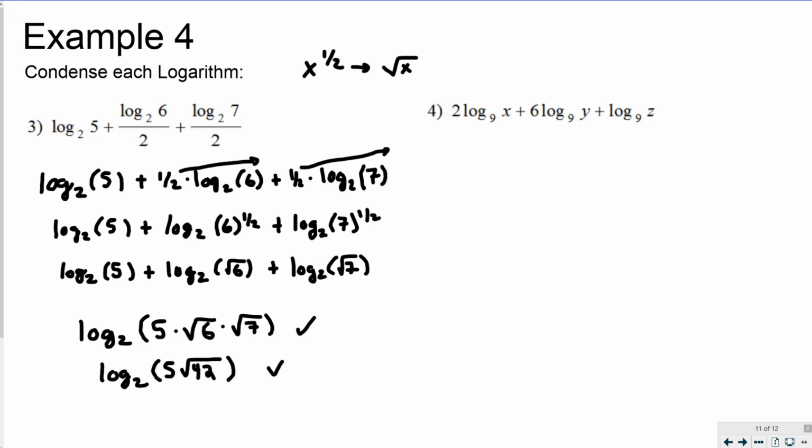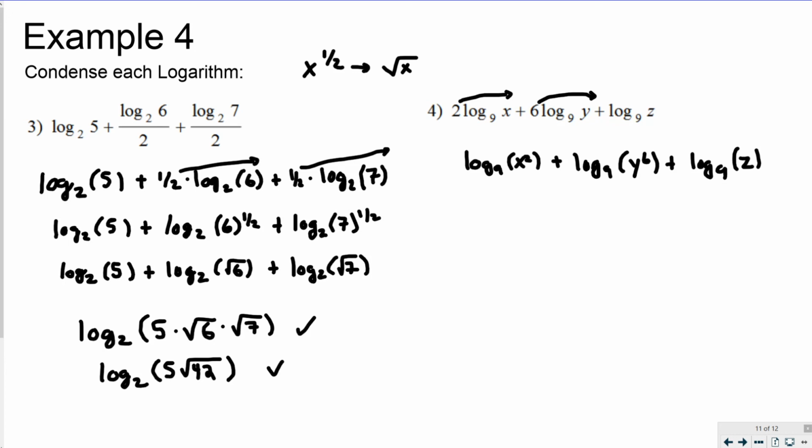So let's take a look at the next one. I have 2 log base 9 of x plus 6 log base 9 of y plus log base 9 of z. So I'm going to kick the 2 up first. So it'll be log base 9 of x squared plus, and then I'm going to kick the 6 up, log base 9 of y to the 6th power plus log base 9 of z.